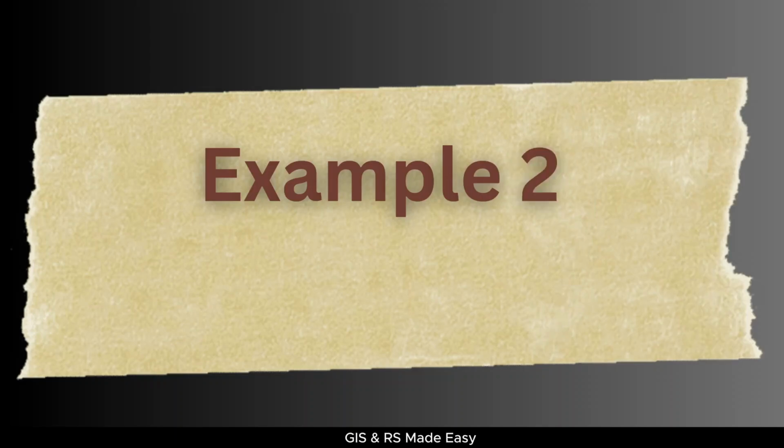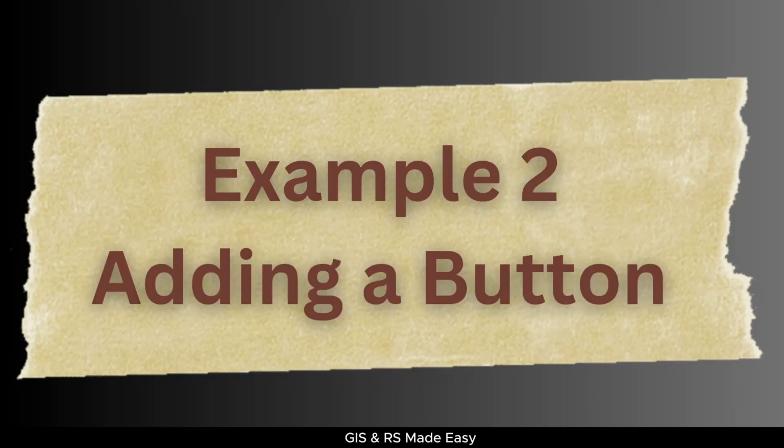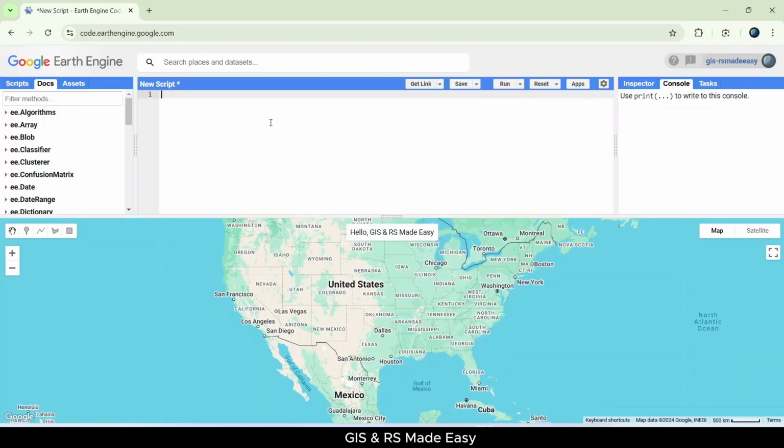Now we will see our second example, adding a button. Let's make a variable for button. Let's add the button using UI dot button, and within the apostrophe we need to put the label of the button. Let's make it click me, and then action.